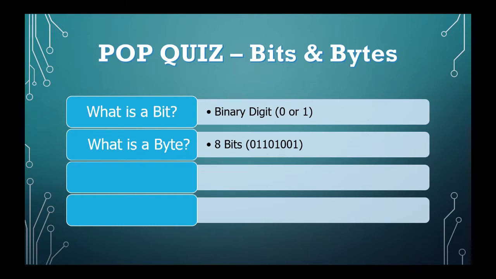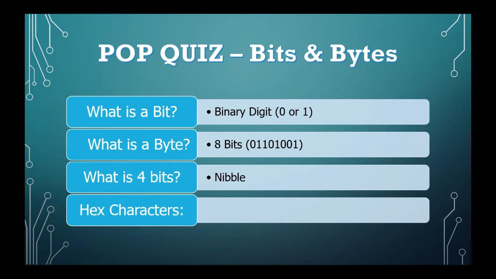So far so good. Now, question number 3. What do you call 4 bits? If we take a byte and split it into 2 equal sections, each of which having 4 bits, we call those nibbles. So a nibble contains 4 bits. Now for our final question. What are the hexadecimal characters?